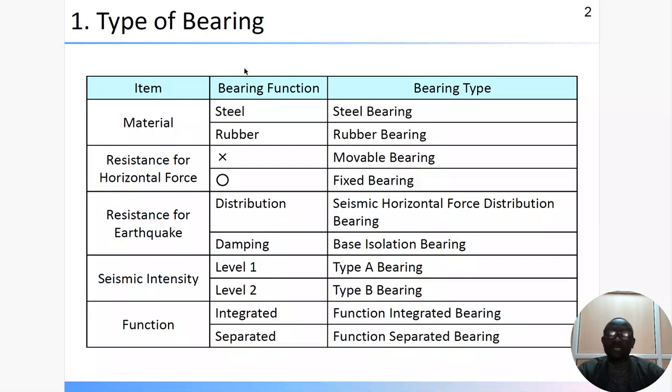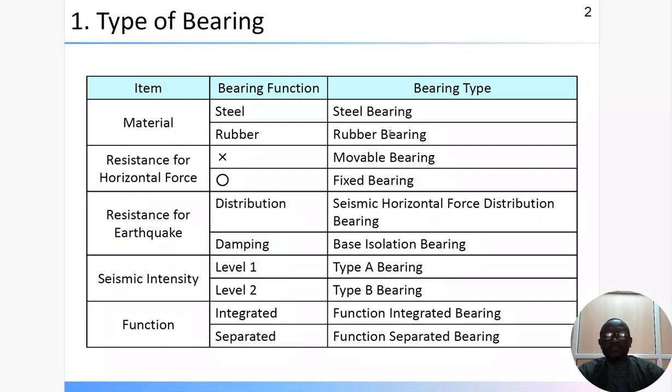In regard to types of bearings, you see in this table we have the item, that is the material, resistance for horizontal force, resistance for earthquake, seismic intensity, and function. In the bearing functions, we have steel and rubber. These signs: X tells you a movable bearing, and a circle indicates a fixed bearing.